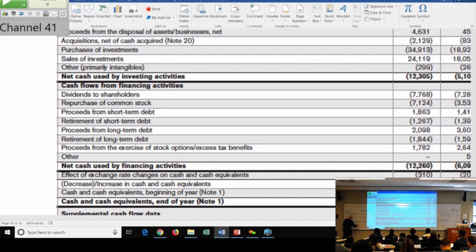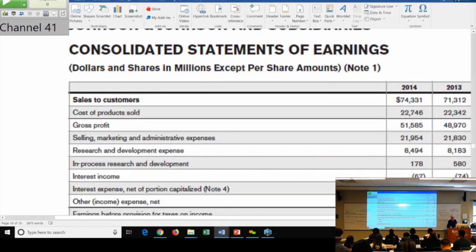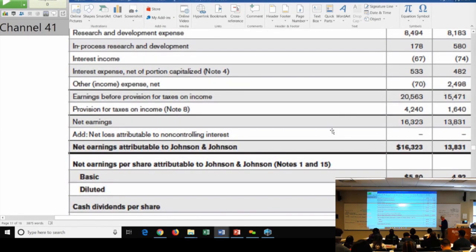Where are you going to find, what statement would you find that income on? Income statement. So if we go to Johnson & Johnson's income statement, which is on the next page, net income is going to be 16,323. Right?